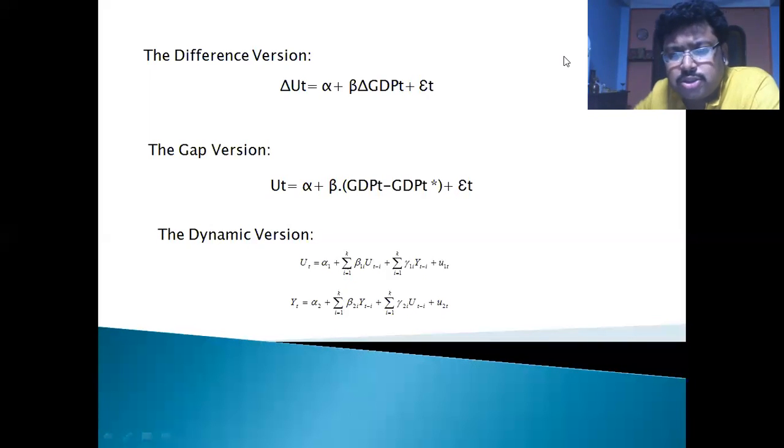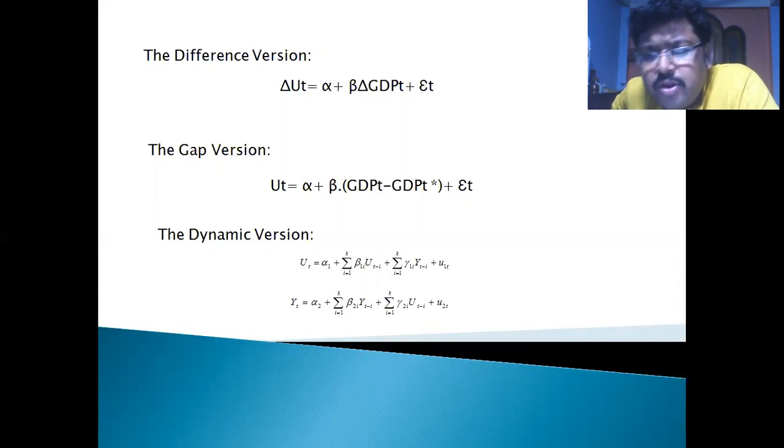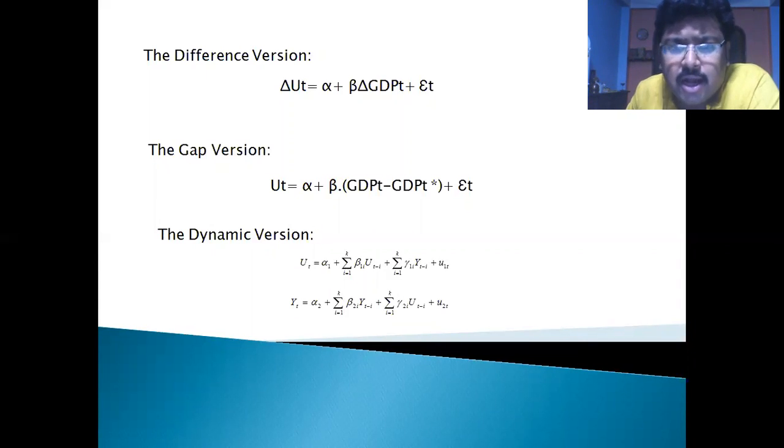The gap version states that for every 1% increase in the unemployment rate, a country's GDP will be roughly an additional 2% lower than its potential GDP. The difference version describes the relationship between the quarterly changes in unemployment and quarterly changes in real GDP.